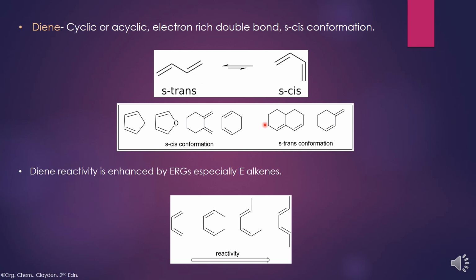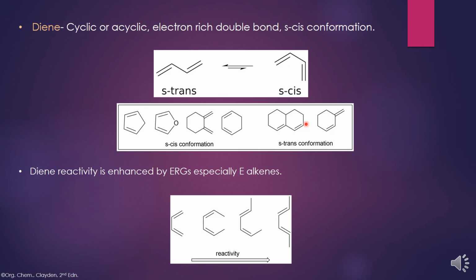Look here, this is S-trans conformation, but it can never be converted to the S-cis conformation. This is because this structure is a cyclic structure, and hence it cannot be transformed into the S-cis conformation.